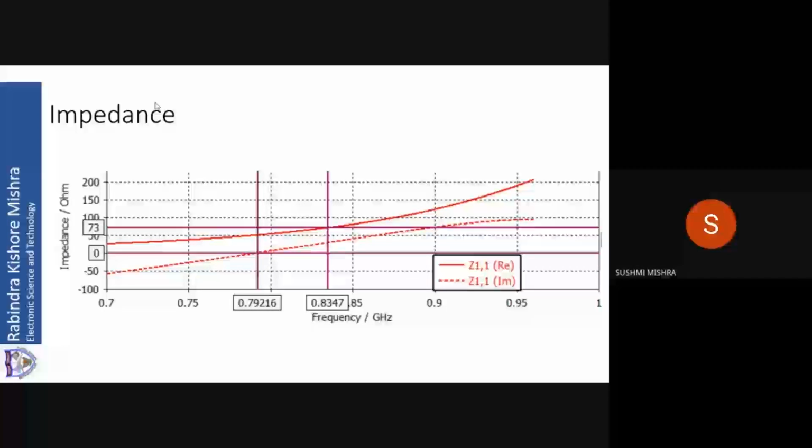Second, when you are designing an antenna, usually the weight of the antenna matters. Where you are going to mount the antenna, if the antenna is heavy, it will be a problem. So instead of having a solid antenna or a solid length of wire, take a hollow wire or a hollow conductor, right?